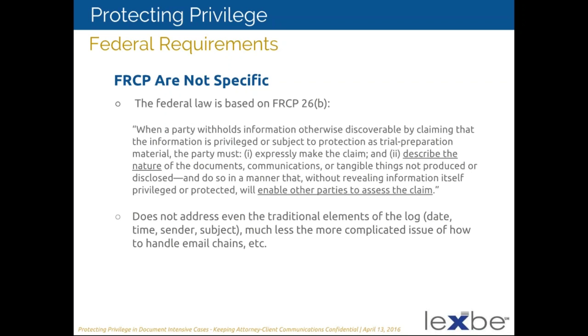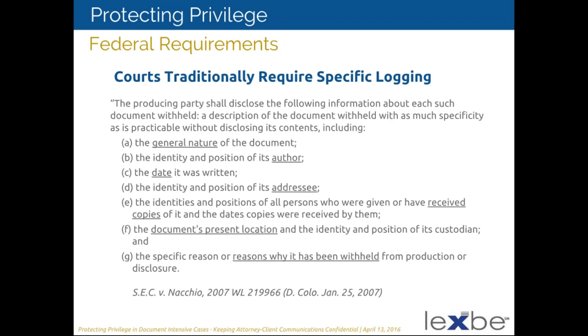And they don't address the basics of what a log ought to be, much less the more complicated issues of how to handle email chains, etc. There are court decisions, many and recent ones, as to what ought to be in that log, and it's the traditional things that we expect of the author, date, addressee, copies, why it was withheld, etc.